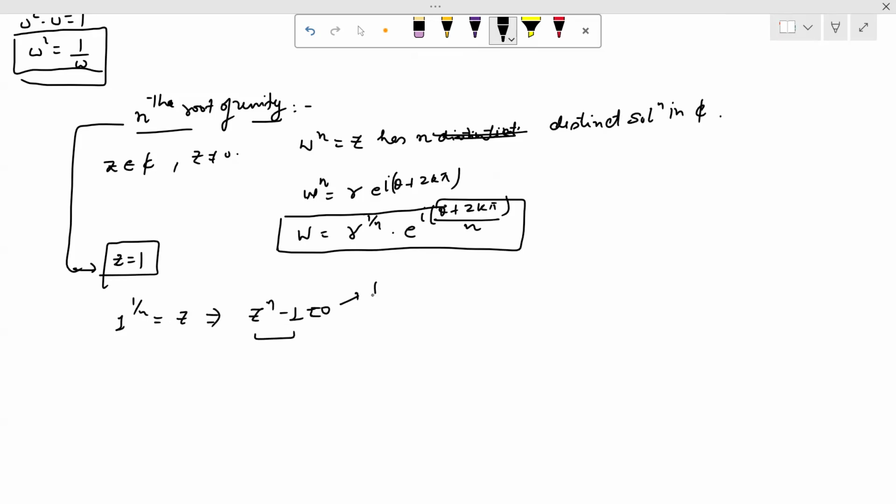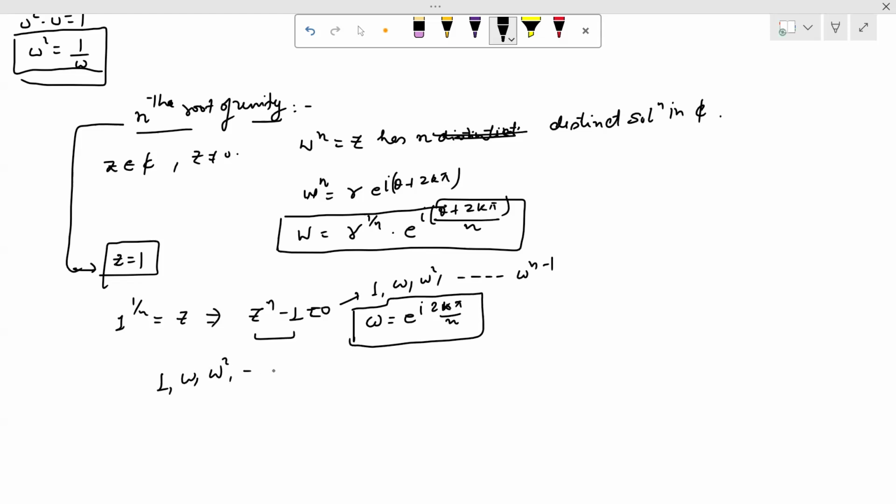The solutions are 1, ω, ω², ..., ω^(n-1). And these omegas are equal to e^(i2kπ/n). So this is how you can write these omegas. And you're finding that all these numbers are in GP, in geometric progression with the common ratio ω.